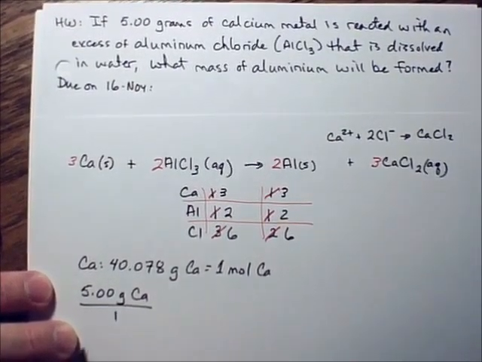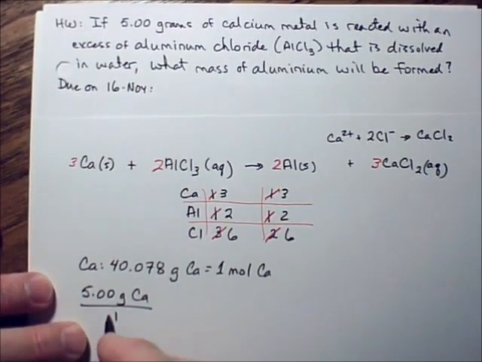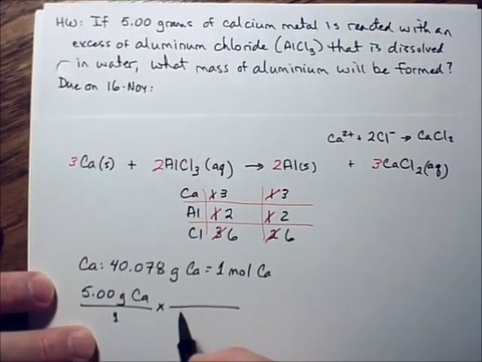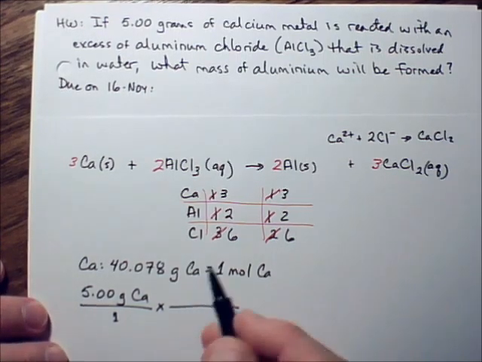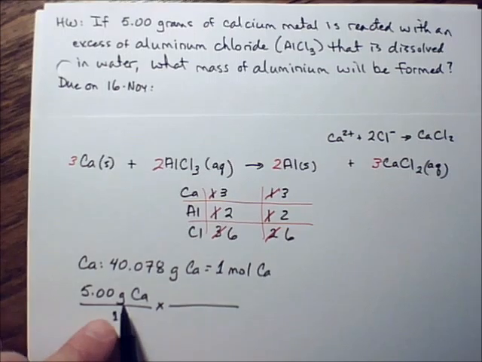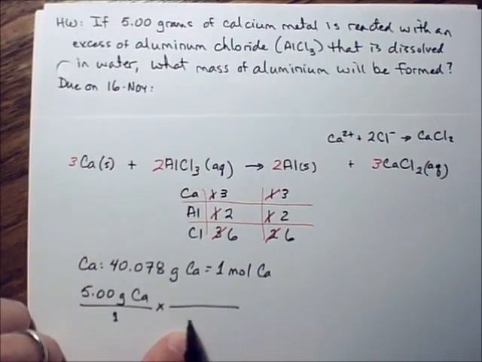That's our starting amount. You put it over the number 1. Not 1 mole, not 1 liter, not 1 gram, the number 1. And we're going to use this equality statement, and you have to have an equality statement in this class in order to justify building a conversion unit. We want to match units and species in the top of this part of the problem with what we put down here in the bottom.